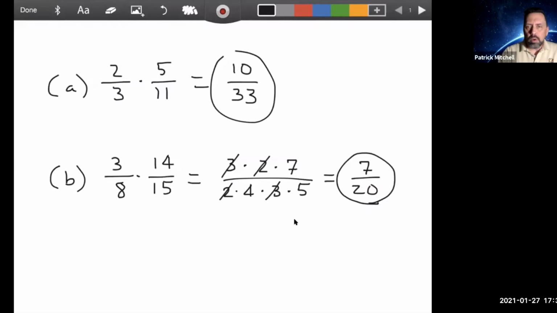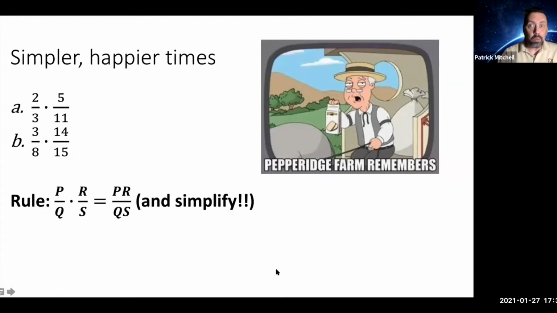All right, so what does this have to do with what we're going to be doing? Well, it works exactly the same way. So if I hand you two rational expressions and I ask you to multiply them, you multiply straight across, but take out common factors as you go. All right, so the answer always has to be given in simplest form.